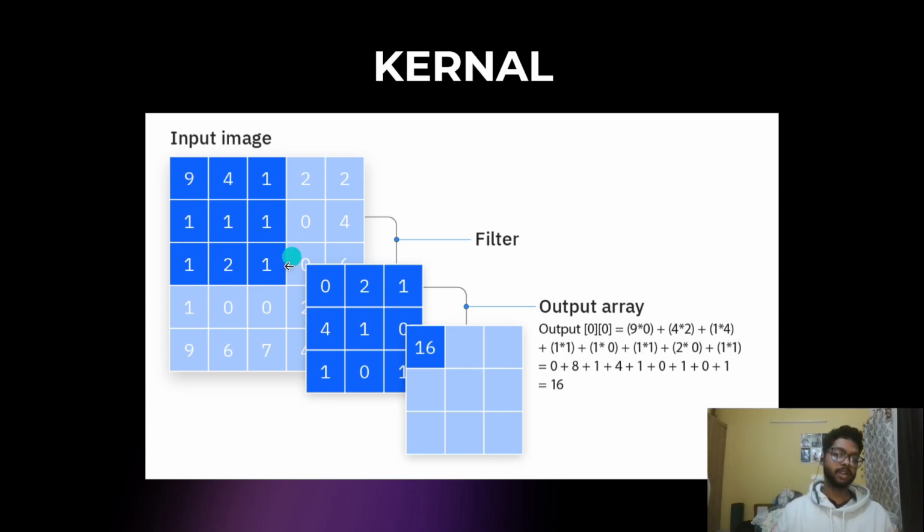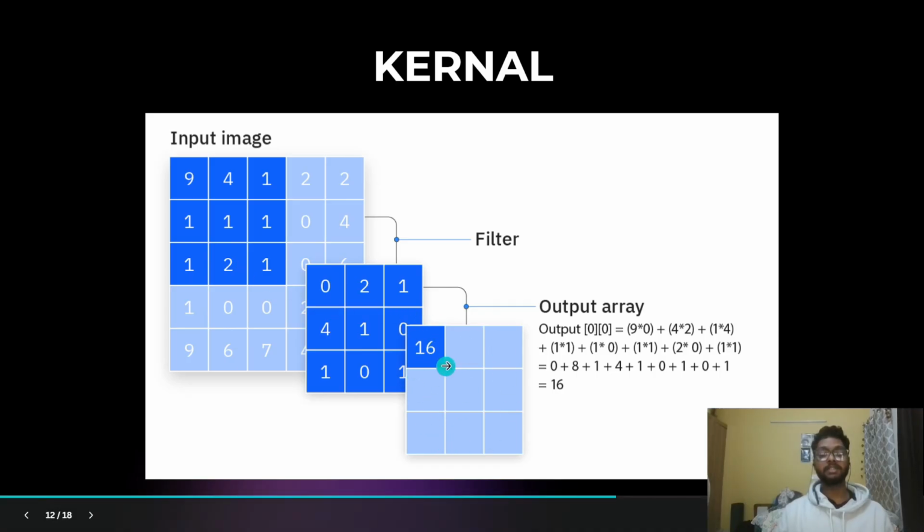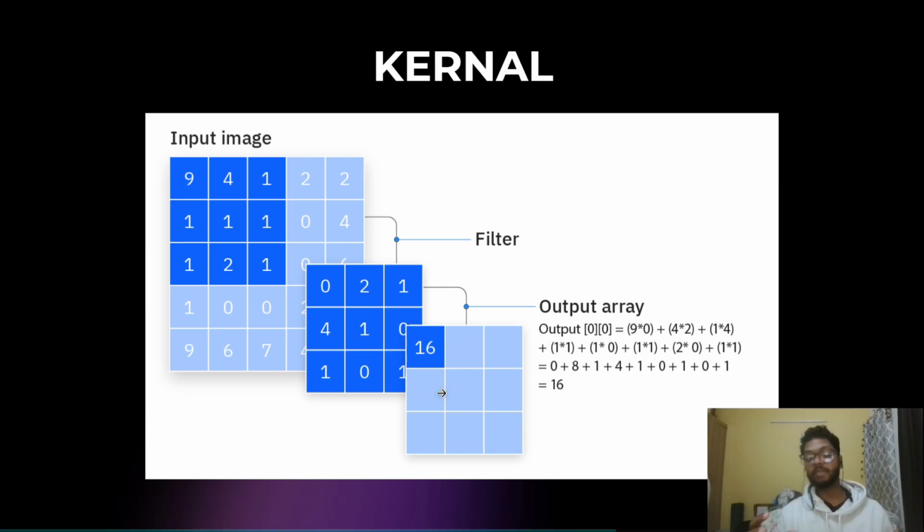Now, this kernel shifts one place and it will overlap this region. Again, cell by cell multiplication will be done and the final result will be written here. Again, our kernel will shift, cell by cell multiplication will be done, and the result will be here. This will be done for the entire image and after that we'll get a grid, and this grid is the feature map.